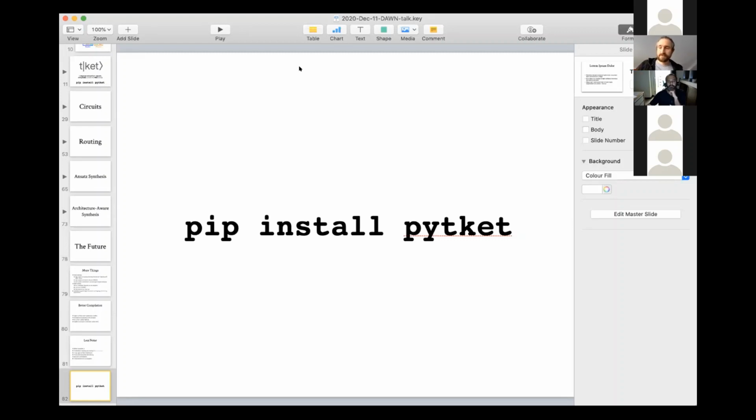Yes, here is a question from Jim Chan, asking if the high-level code compiles directly into the circuit for the specific architecture. No, that is part of our general concept with Tket.